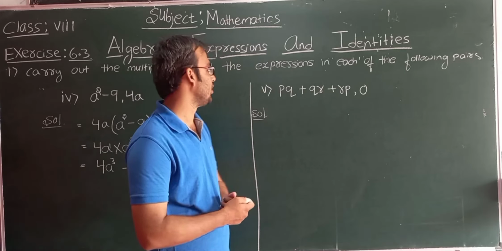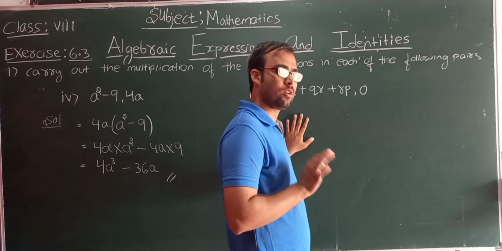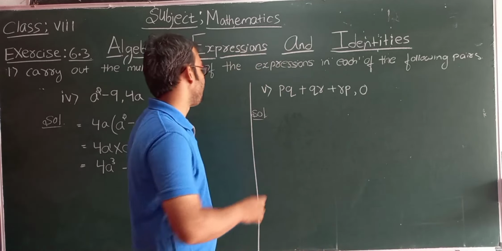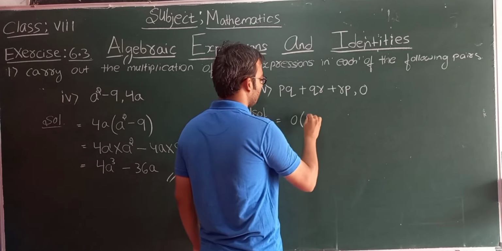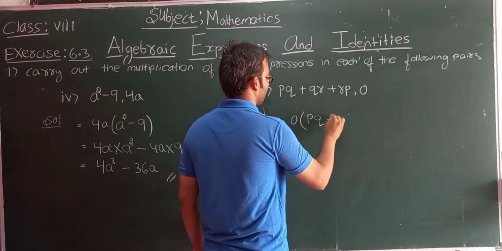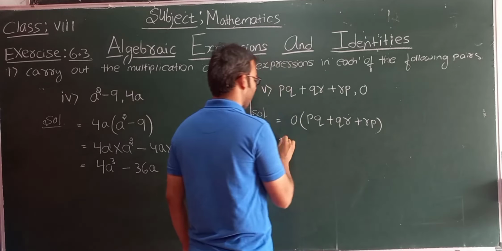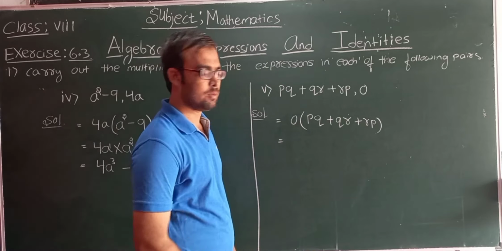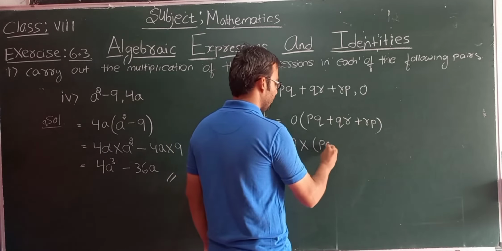Students, let us solve the fifth question. Okay. So here what have they given? p cube plus qr plus rp comma 0. Okay. So here students, first write 0. Okay. This bracket indicates what? Multiplication, or else I will rewrite it, if you are getting confusion.